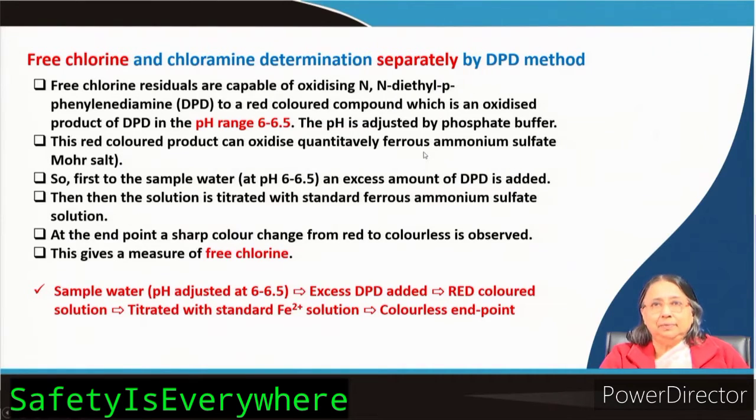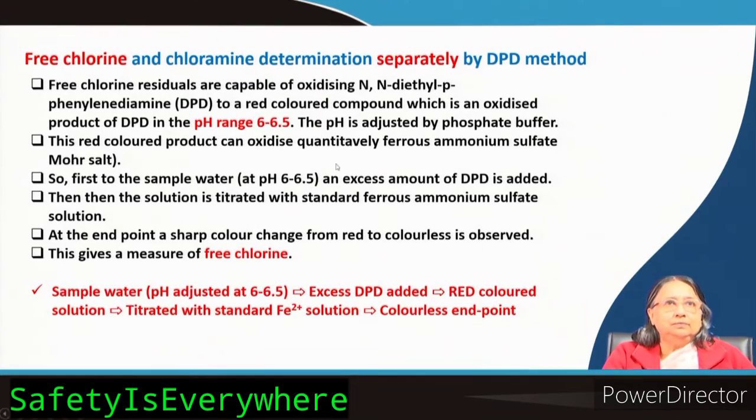So, you can prepare the standard with known concentration of Fe2+, and you can titrate the red colored complex produced in your conical flask, and then see from the titration how much Fe2+ is required. Then you can easily calculate how much chlorine was actually there to oxidize the DPD. So, it is very nice.